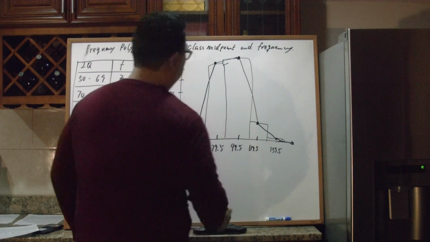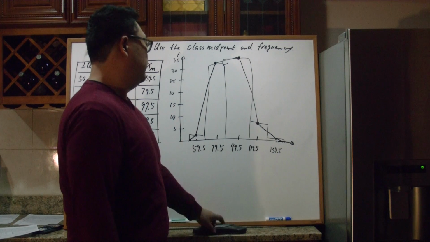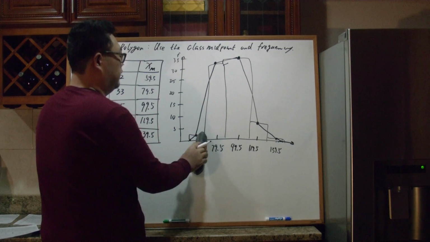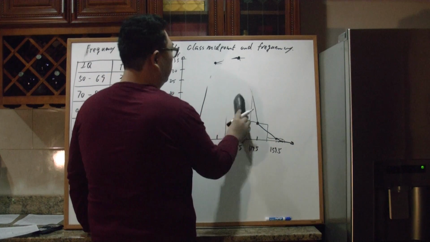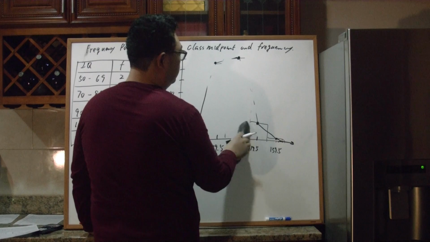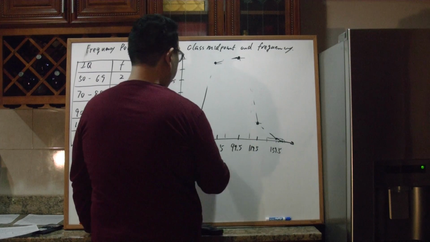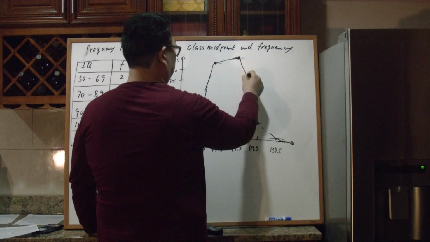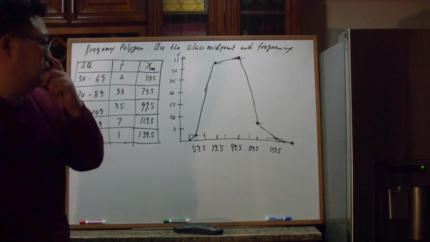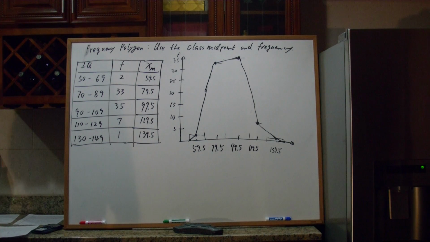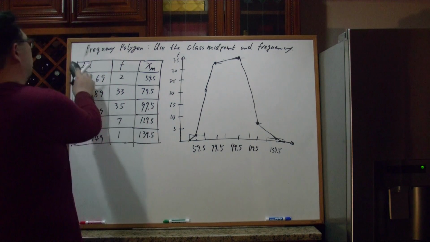What the polygon does is connect all the midpoints together to be a line graph instead of the boxes. The boxes were from the histogram, but instead we just have the line graph, connected to each lower and upper bound. Basically, that is the frequency polygon.